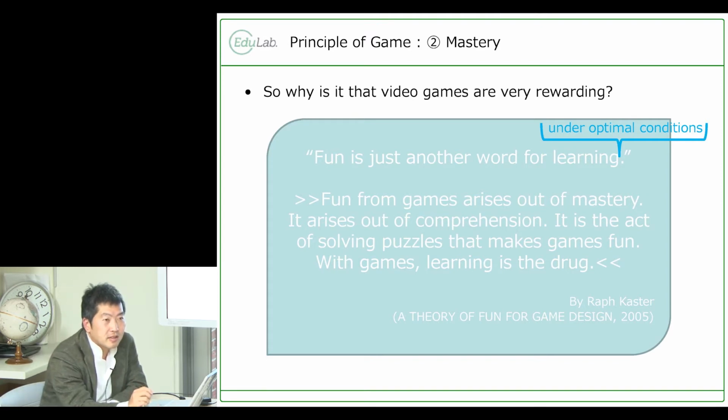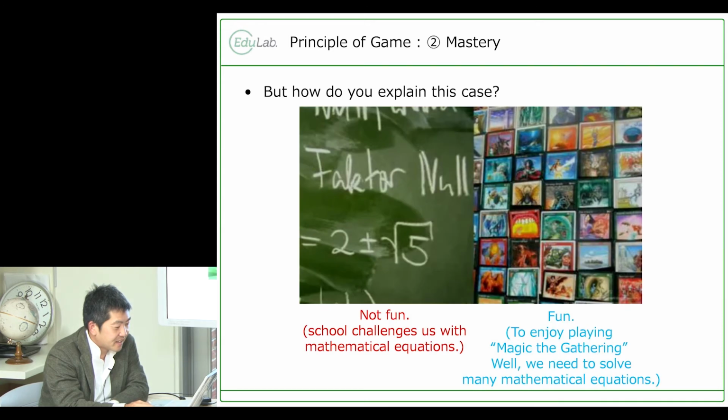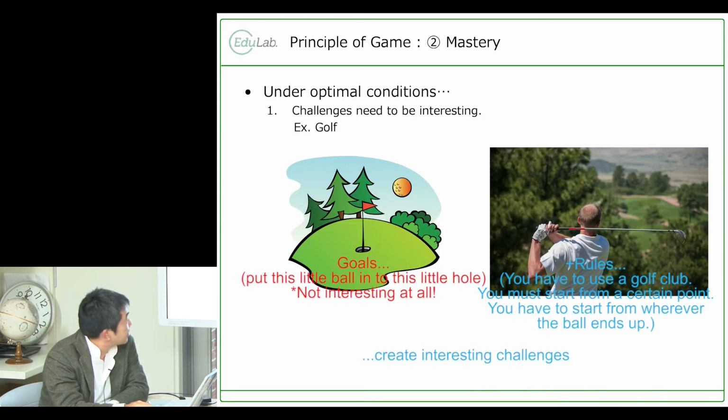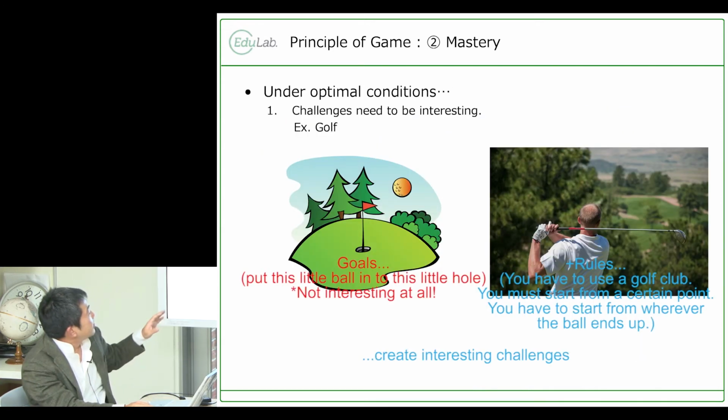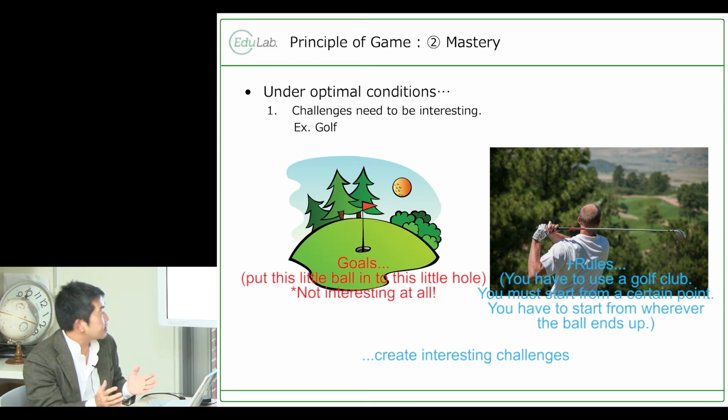Remember the Skinner box? The goal is, let's say, not Skinner box, this is better. Progress Wars. The goal is to have the bar full. The challenge, you need to press it.